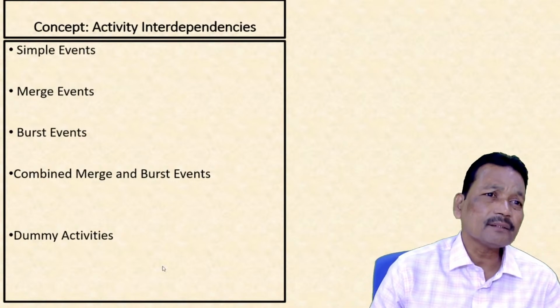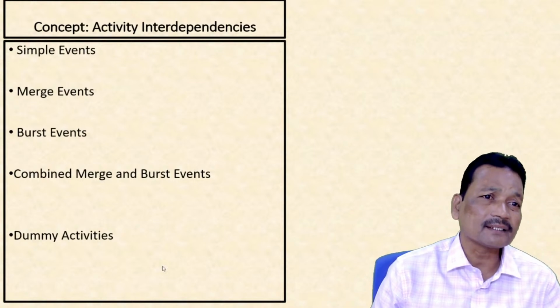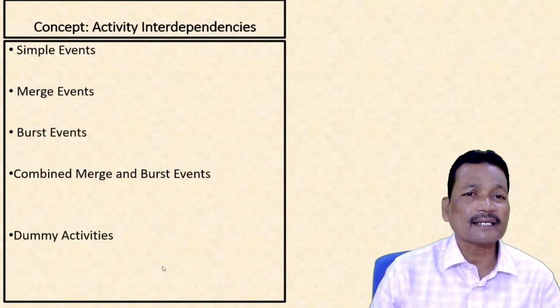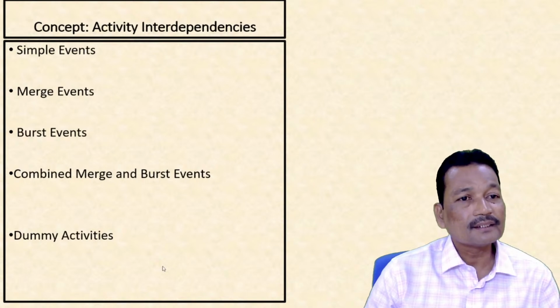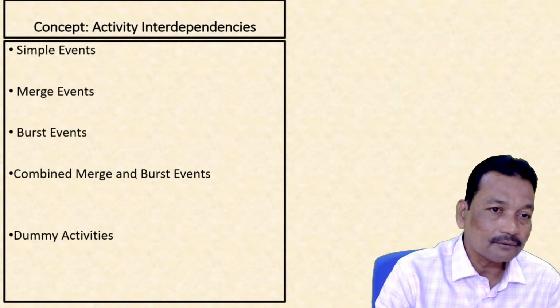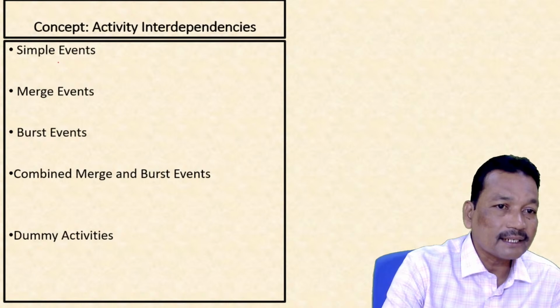When all the activities are completed, we can say the project is completed. Now, let us see what are the different kind of events we can have or activity interdependencies. First is simple events. Now, let me show you through a diagram.